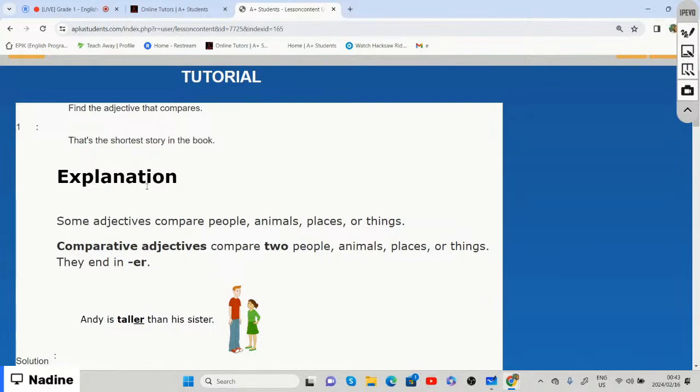And we said that's the shortest story in the book. Shortest.